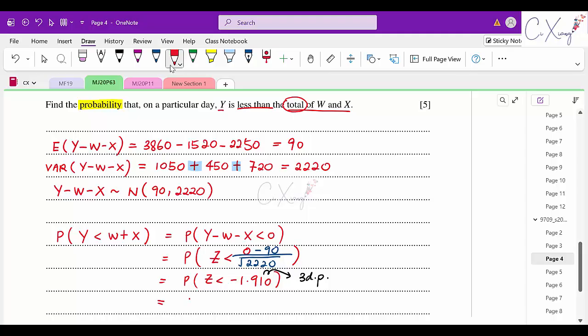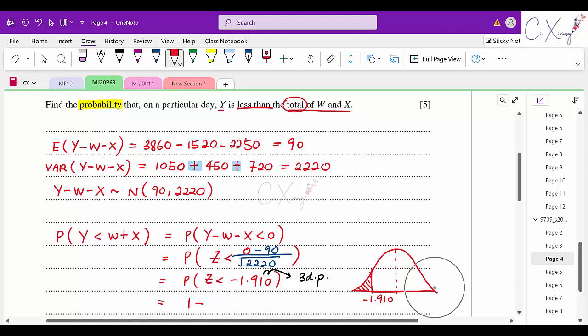Then after that, I have to take 1 minus the area for this probability. I assume that most of you already know how to find the probability in the normal distribution. Basically, you need to know the probability equals the area. So you're having negative 1.910 here, same as greater than positive 1.91, and you have to take 1 minus the answer that you get from the normal distribution table.